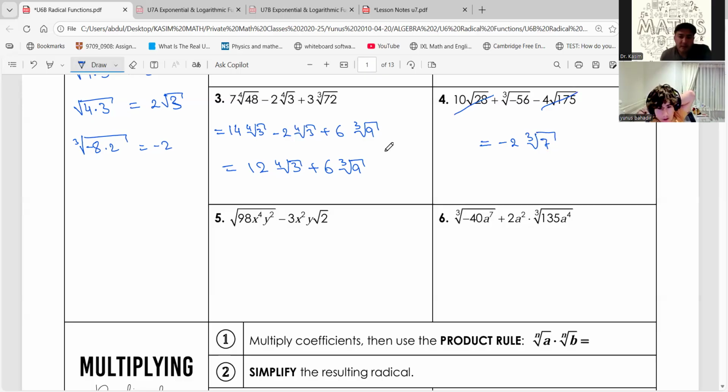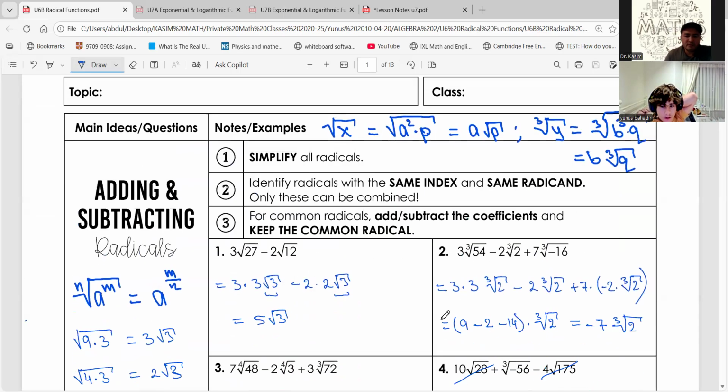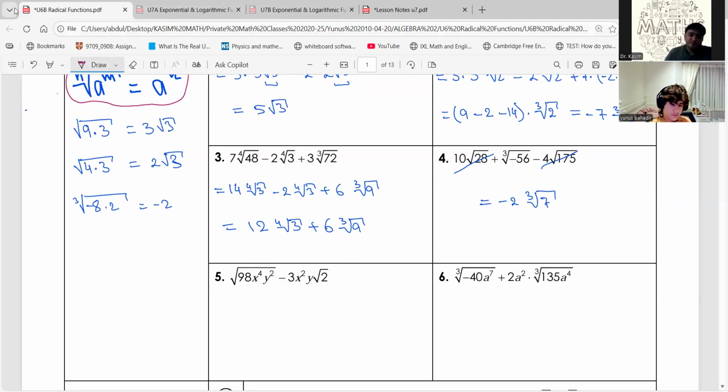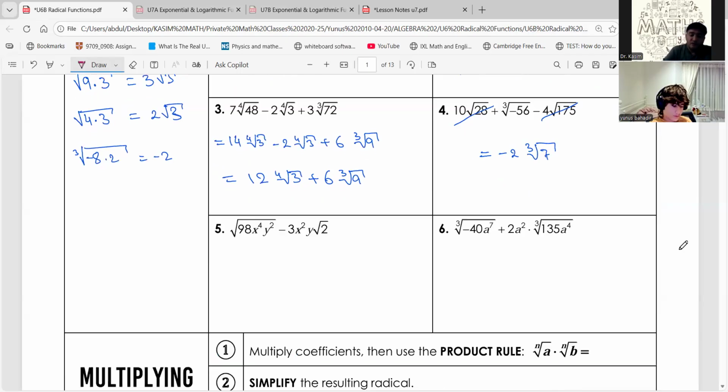Okay. And how about if we have the variables, Yunus, once again, just remember that you have to change, maybe in your head, into fraction in this index, simplify this, and again, you can write it as radical form. If you look at question 5, for example, 98, right? It's not a square number, but 98 is 49 times 2.